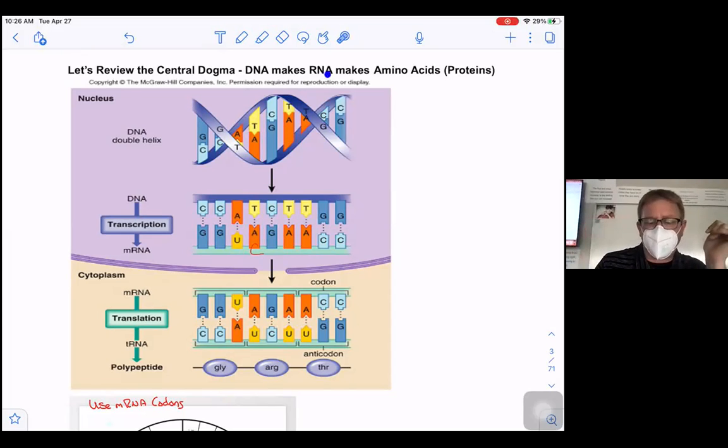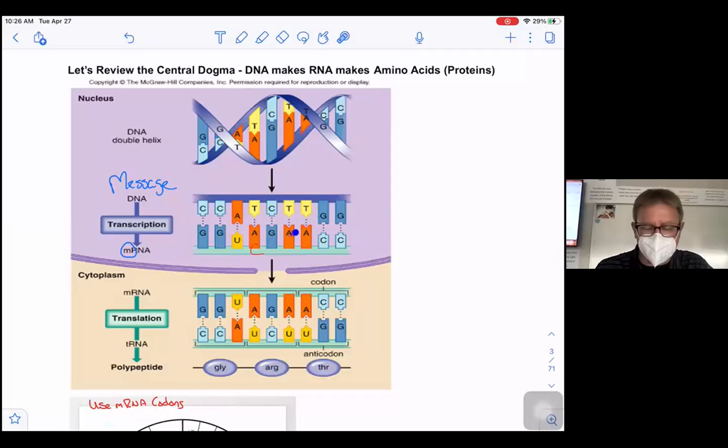Then through the process of making the RNA, through transcription, remember, when we transcribe something, we're taking the message of the DNA and we're going to transcribe or write it down into the mRNA. That's the messenger RNA.